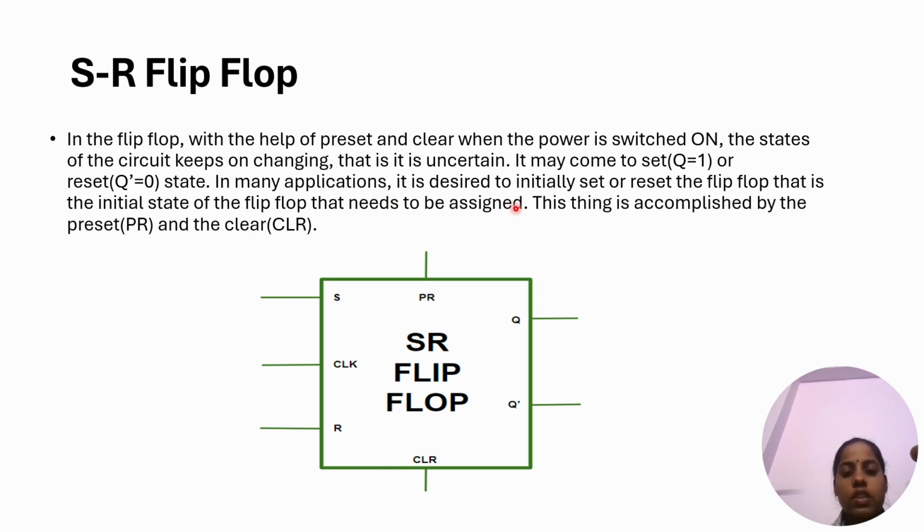In many applications, it is desired to initially set or reset the flip-flop, that is, the initial state of the flip-flop needs to be assigned. This is accomplished by the preset and the clear. Set means output Q is on, and clear or reset means Q bar is off. Here preset means active high, flip-flop is on, and clear means active low, flip-flop is off.